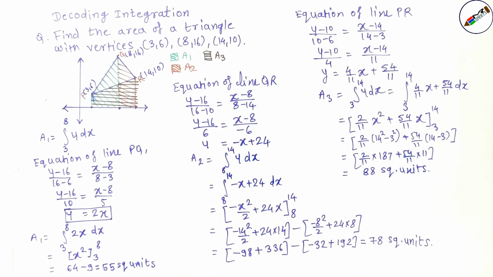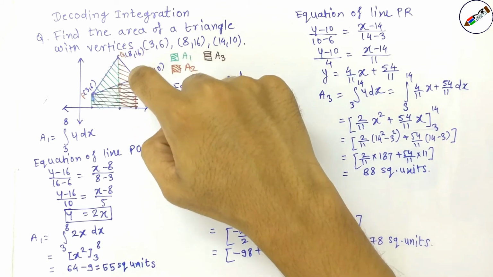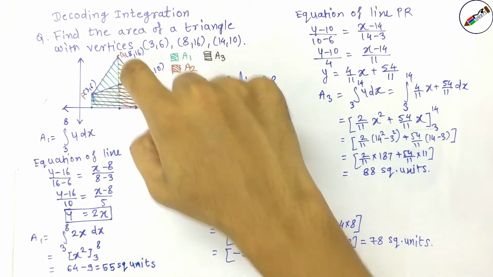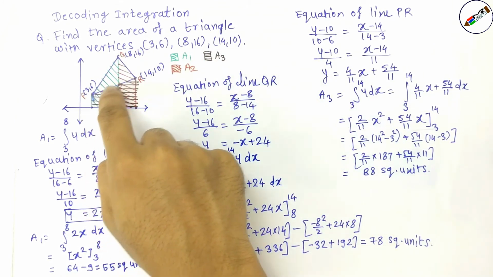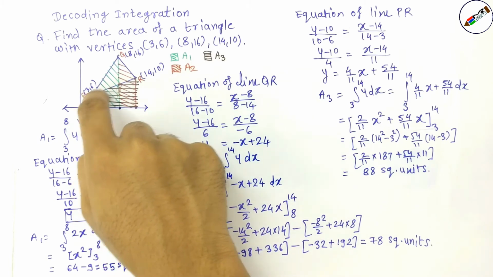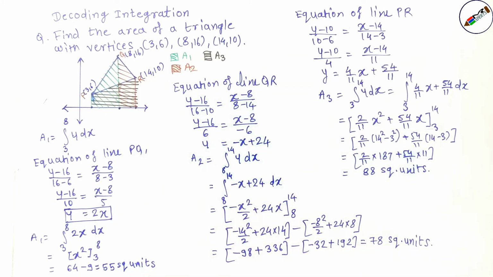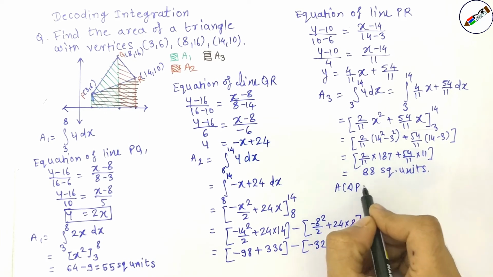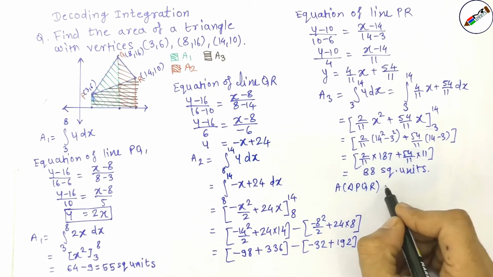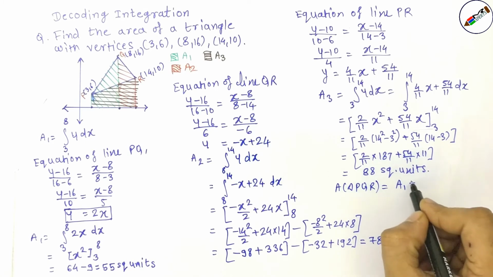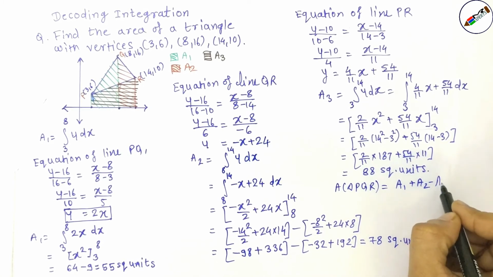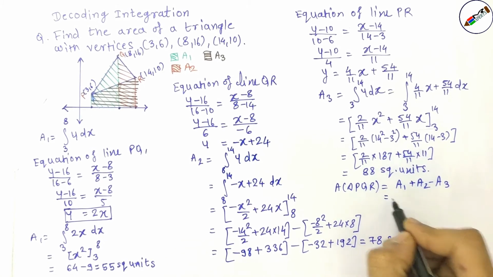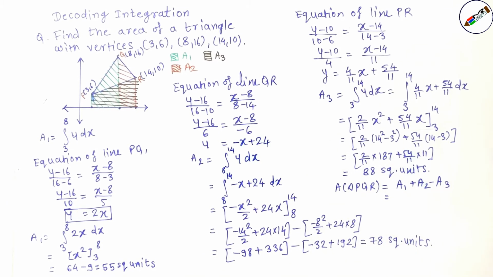The total area A1 plus A2 is this particular area. But if I subtract the area A3 from that, I will get the area of triangle. So I would say area of triangle PQR is nothing but A1 plus A2 minus A3, which is quite evident from the figure which we have drawn.